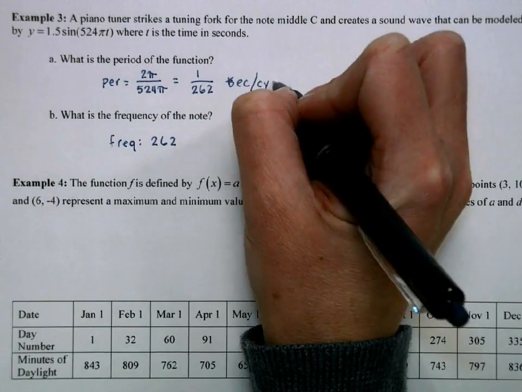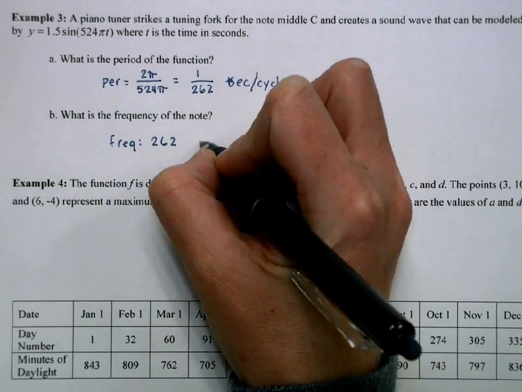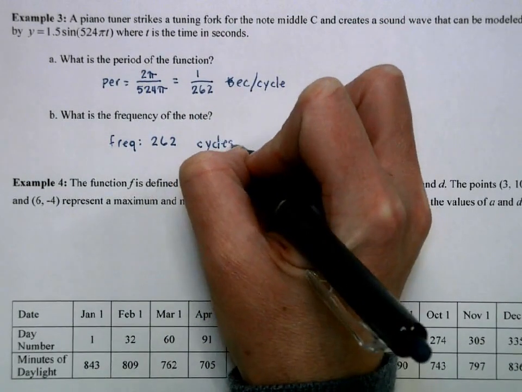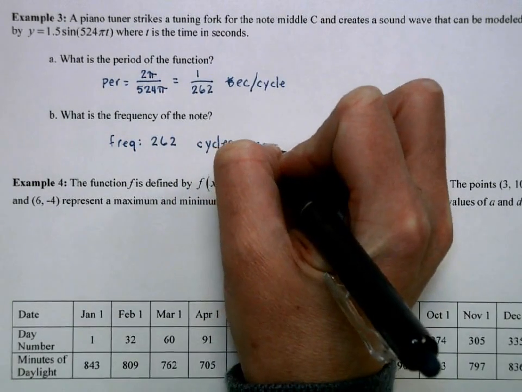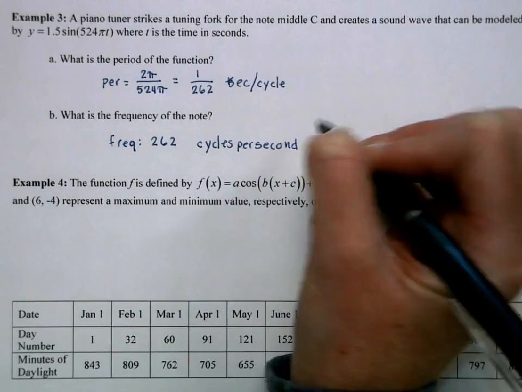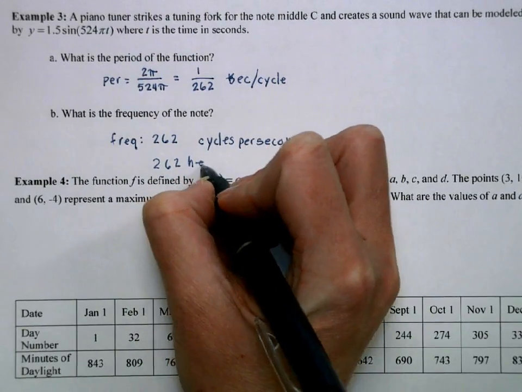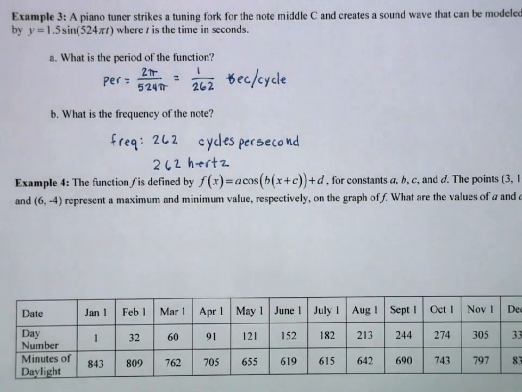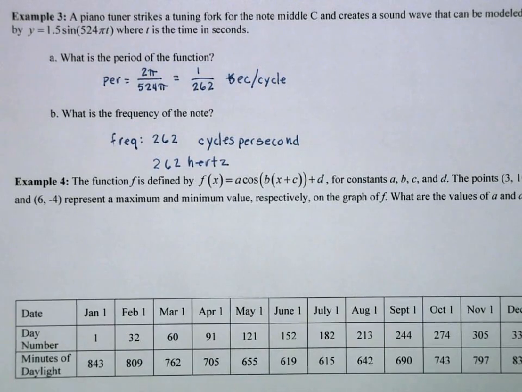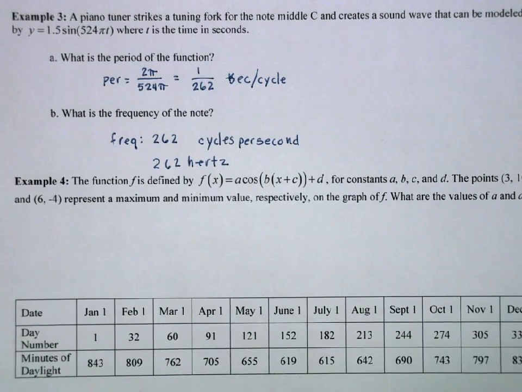So if I have the reciprocal, that's cycles per second. And this has its own units called hertz. Okay, so a tuning fork for middle C has a frequency of 262 hertz. That's the pitch that you hear.